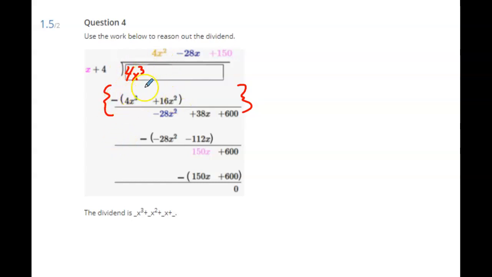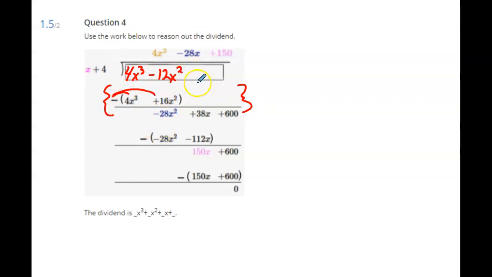Okay, then similarly, the second term, the quadratic term, that came from when you distribute this negative, subtracting 16x squared, and ending up with a negative 28x squared. So that makes our second term a negative 12x squared, because negative 12 minus 16 is negative 28.